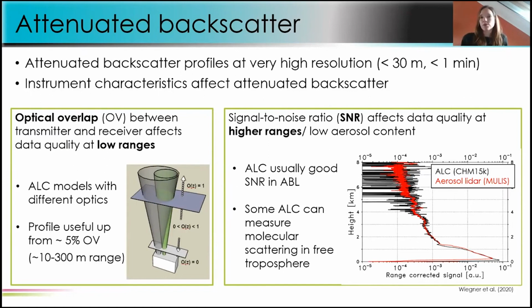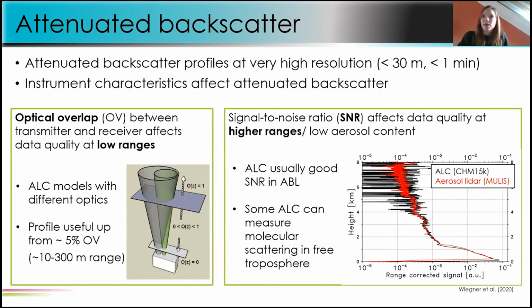So close to the sensor, the receiver telescope may not see the whole beam that is transmitted out to the atmosphere. So we have to correct for the incomplete optical overlap, and maybe also account for the fact that data may not be usable very close to the sensor itself.